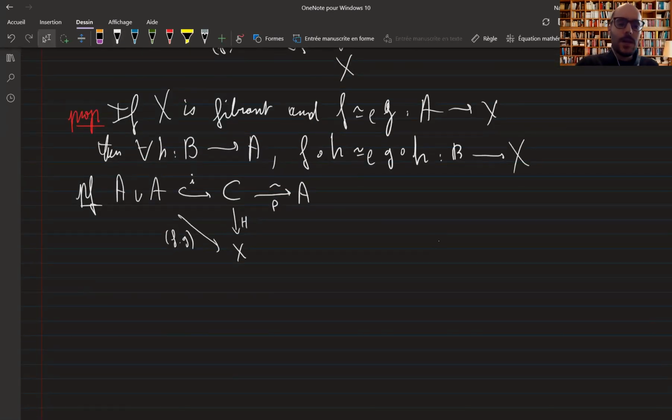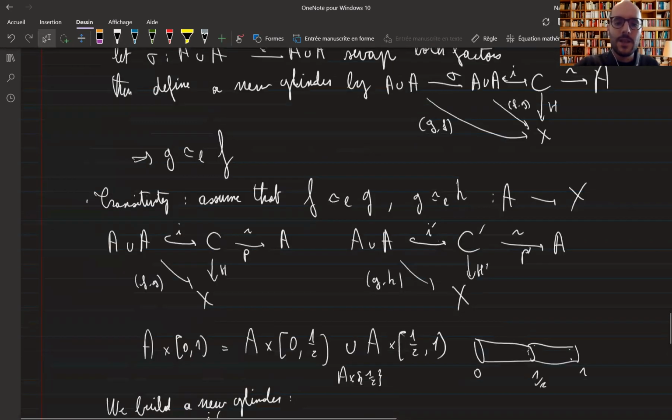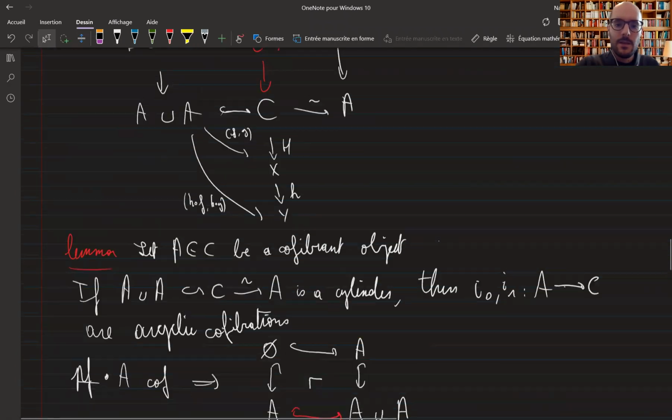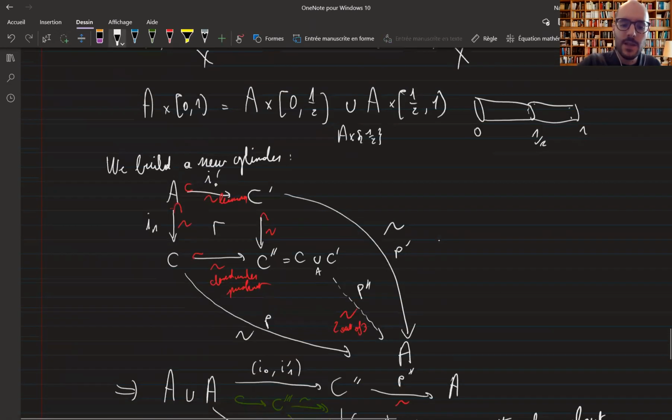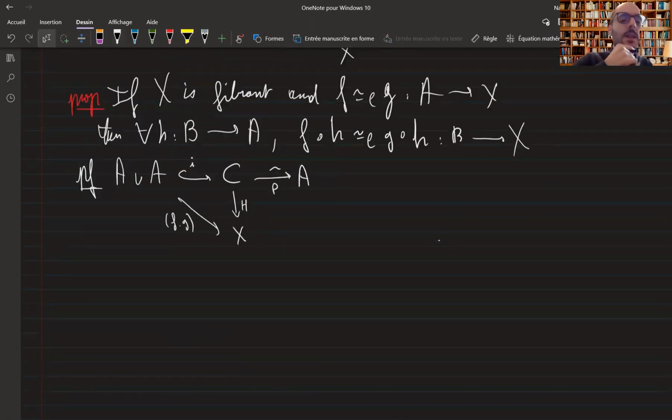All right, so we want basically to do what I tried to do here, which is to find some C prime here. And the problem is that we cannot always factor the map, the co-diagonal here, through C. But if we have some lifting properties, as we are going to see, we are going to be able to do it.